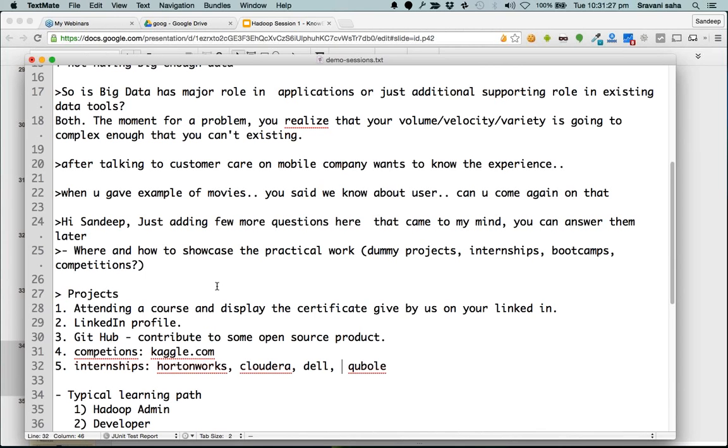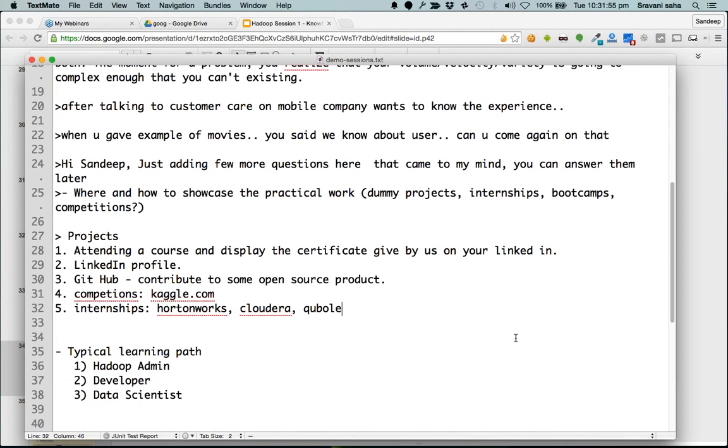I know that Dell had lots of openings for interns in big data. Everybody knows that they will not be able to get experienced people into the big data domain, so they are generally open to people who have attended some course or training. So have a look at those internship websites. You will get lots of answers.